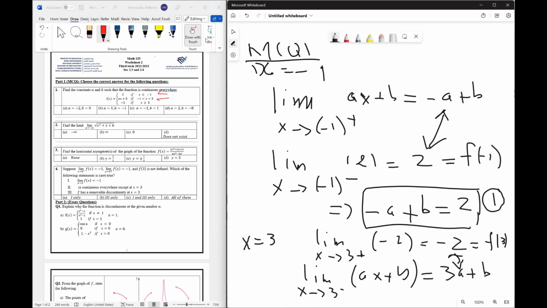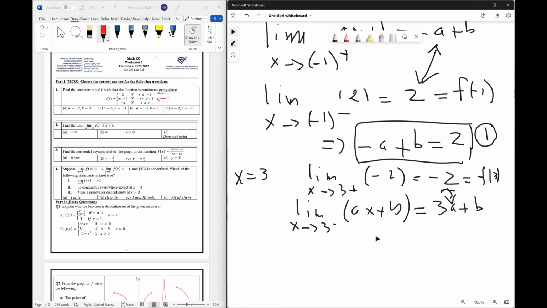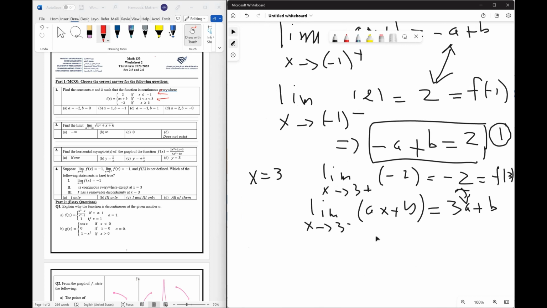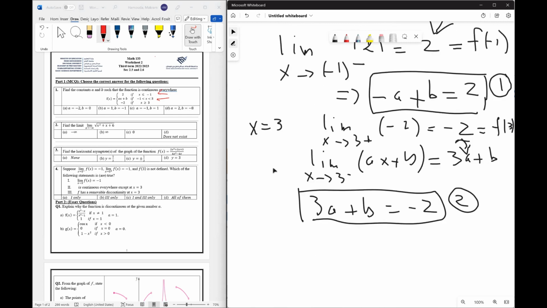So I will write the second condition: 3a plus b equal to -2. I will call this the second condition. So now, put 1 and 2 together and solve these two equations for a and b and find their values.